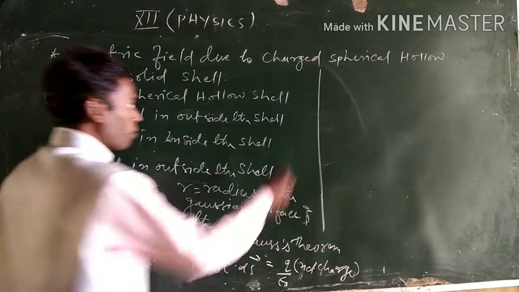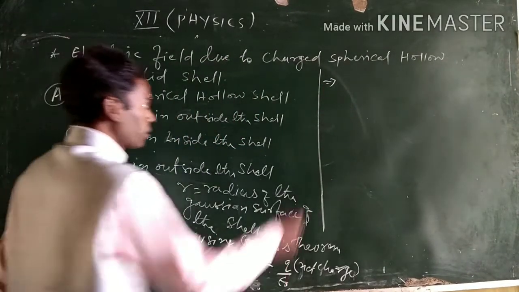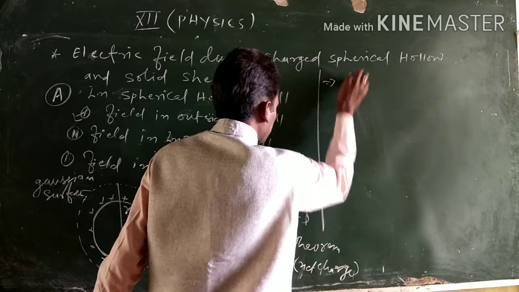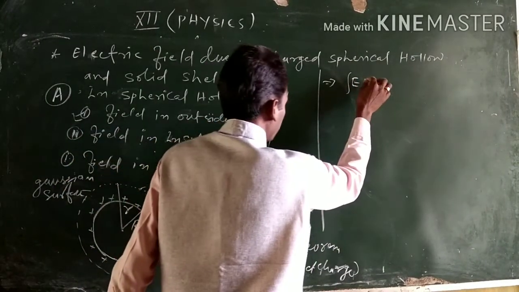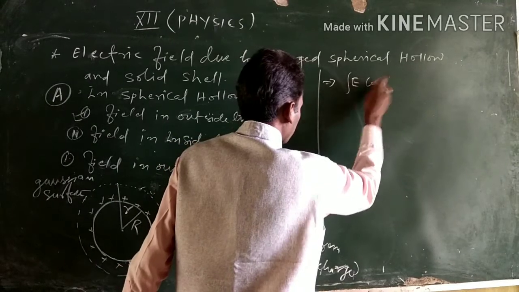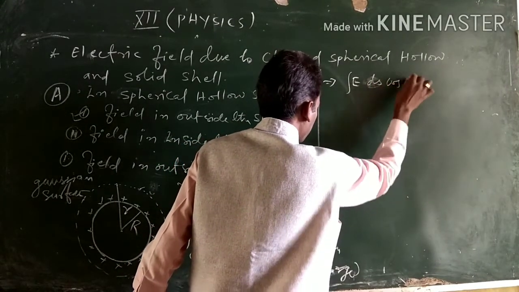Here we have to integrate the electric field, that means E dot ds, so we have to use E ds cos theta, that means theta is 0 degree.